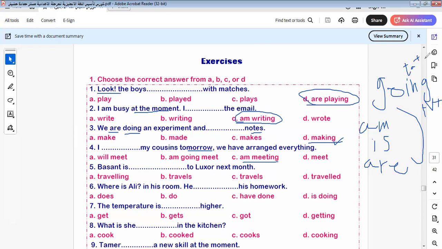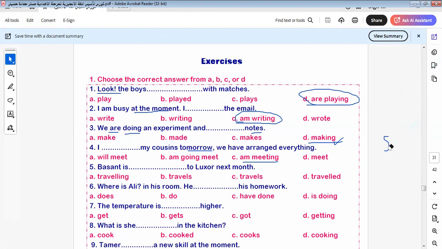I'm going to play. I'm going to read. Or going to do something. So see, this is called continuous tense expressing what? Expressing future. Okay, we use continuous tense to express future.